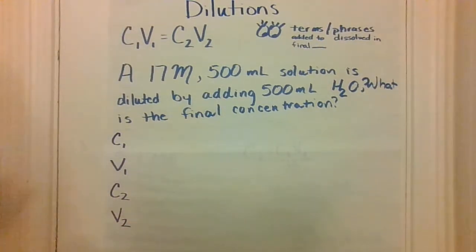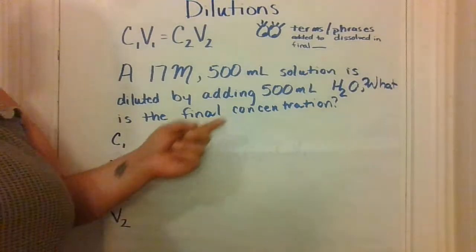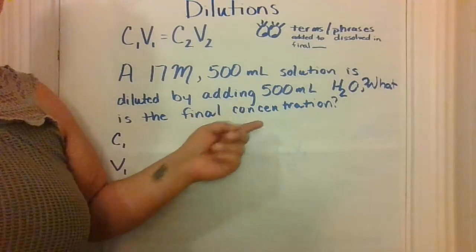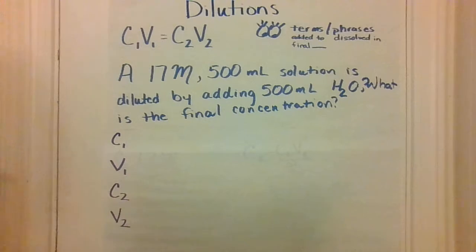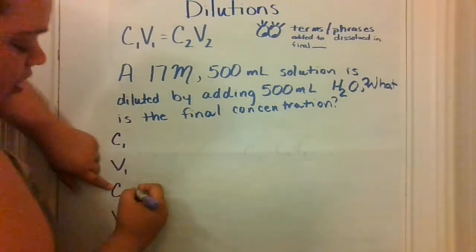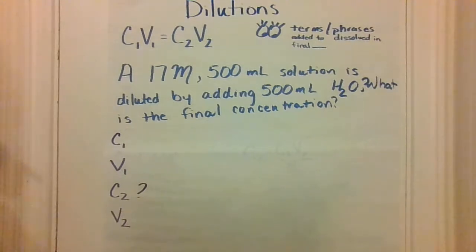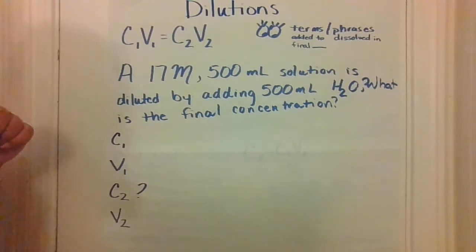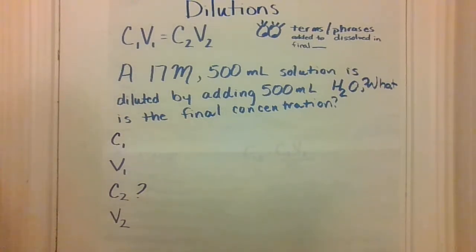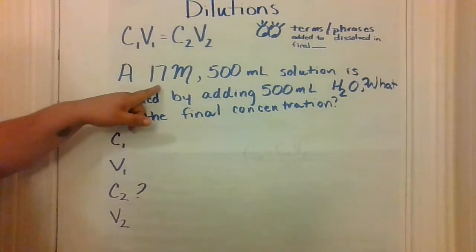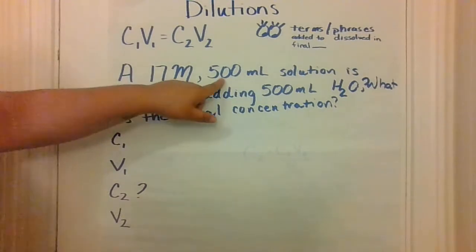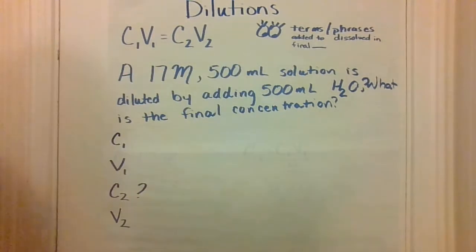So we already know the question is asking for final concentration. So we want to go ahead and say that is what we're looking for. So we know that all the other information will fill in the other three variables. So here we're going through a 17 molarity 500 mL solution.